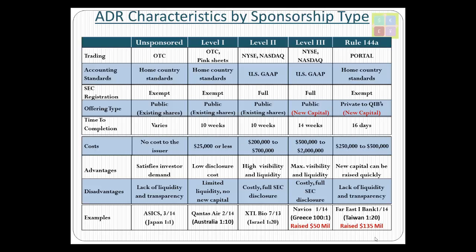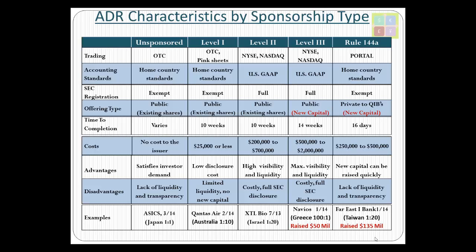2014. And notice the 1-to-10 ratio. That means 10 local shares were used to create one ADR. And why is that? One of the reasons being that their local shares might have been in the price range of $2 or $3 and $4.